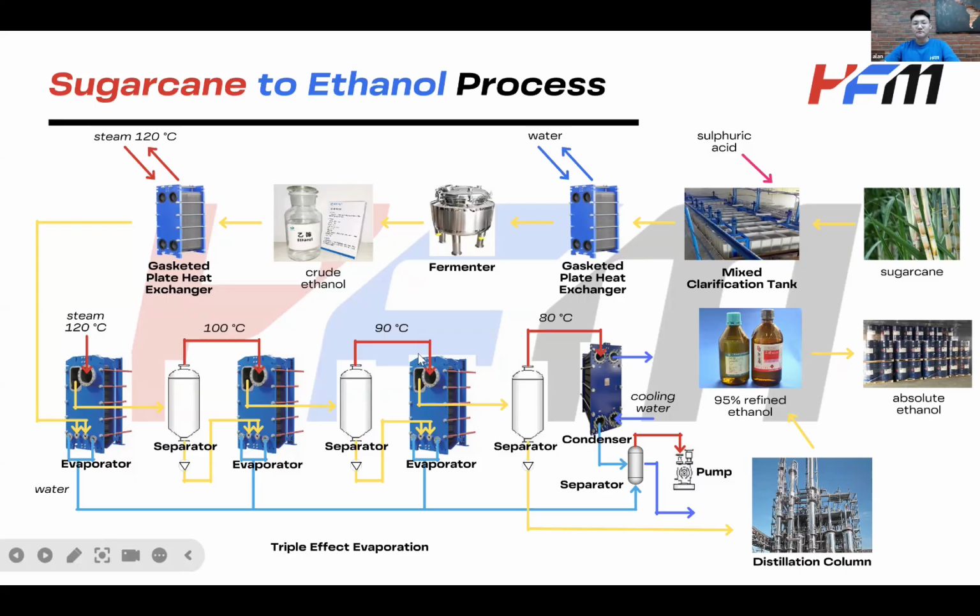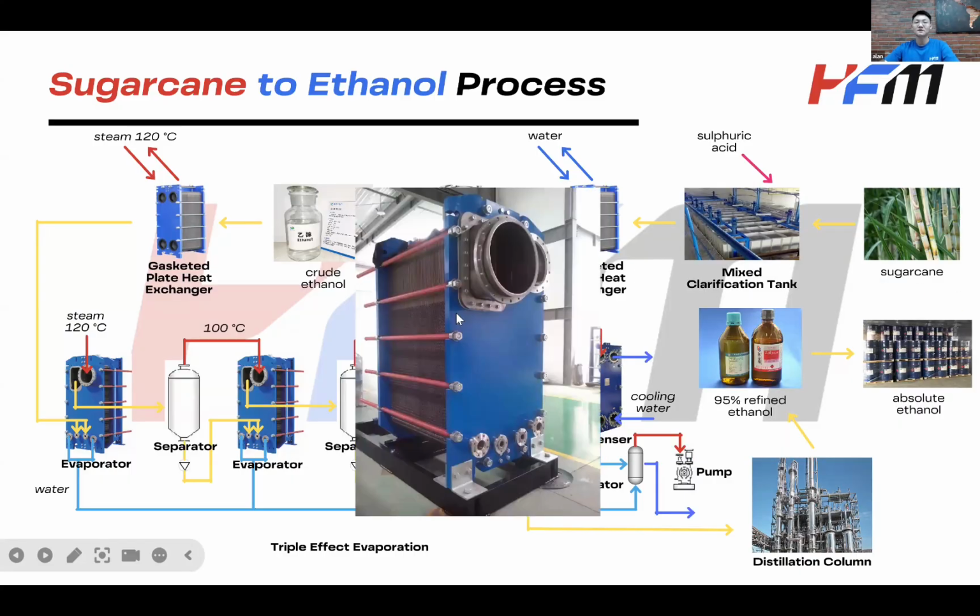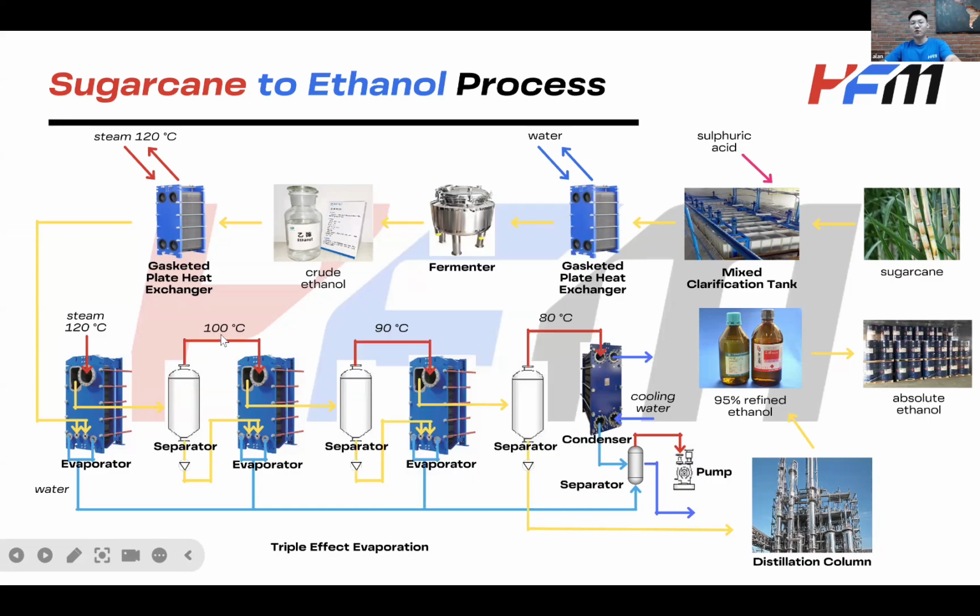As you can see, the evaporator and the condenser should be familiar to you. Here are some real case examples, and this is the condenser. But before this evaporation, we use one more GPHE to preheat the ethanol.